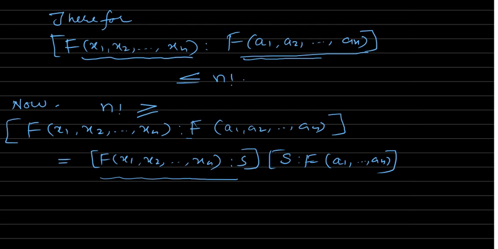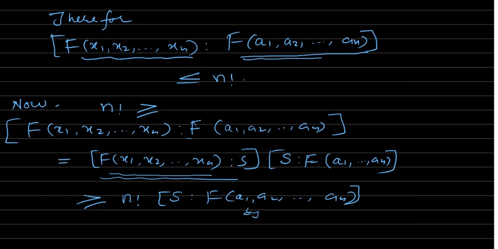So this is greater than or equal to n factorial times the degree of S over F(a1, a2, ..., an). Look at inequality 1, which you wrote in the beginning.